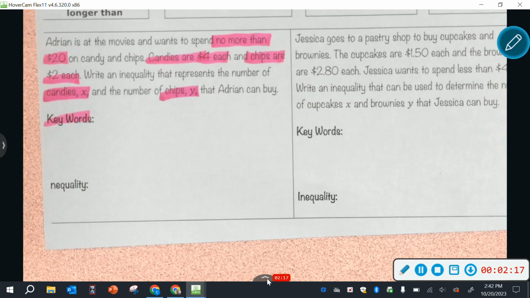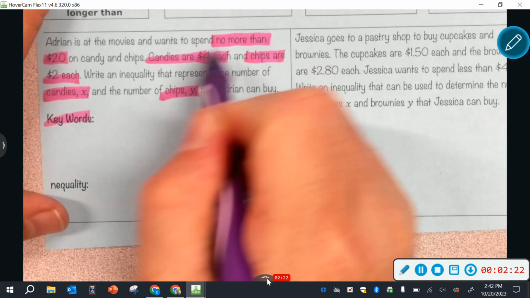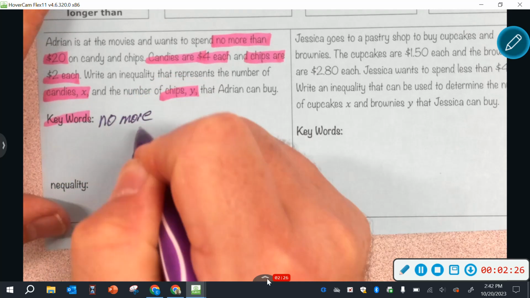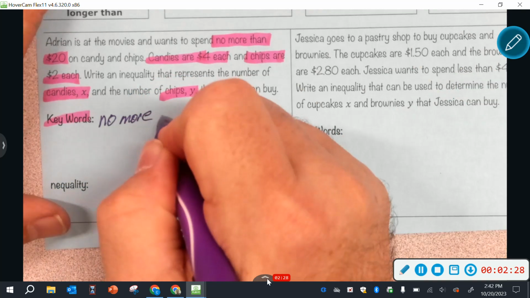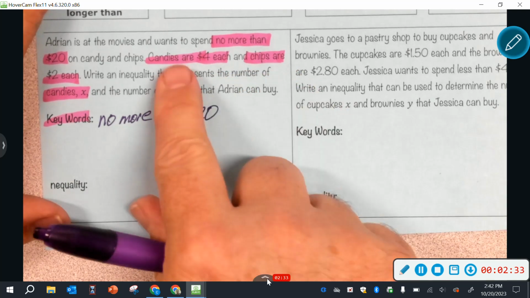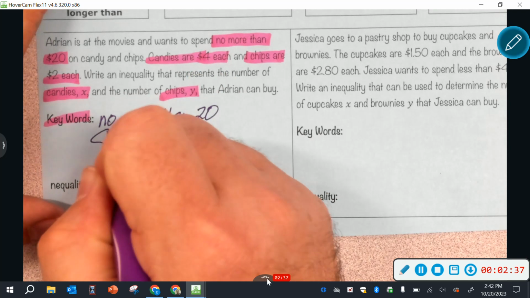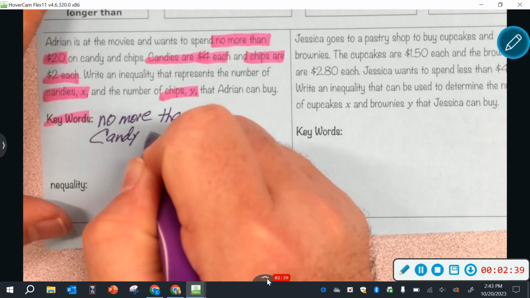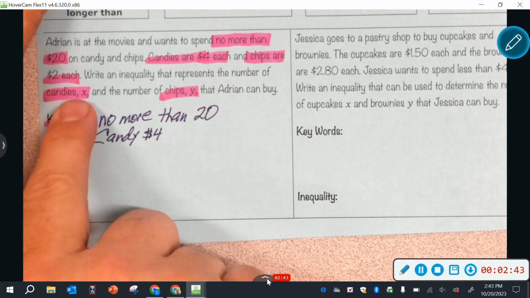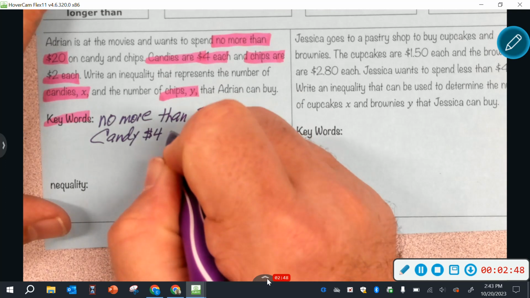So we want to write down all of our key phrases here. So here, notice this phrase right here, no more than $20. And then we have candy is $4, and it's also represented with x. So we're going to have x.